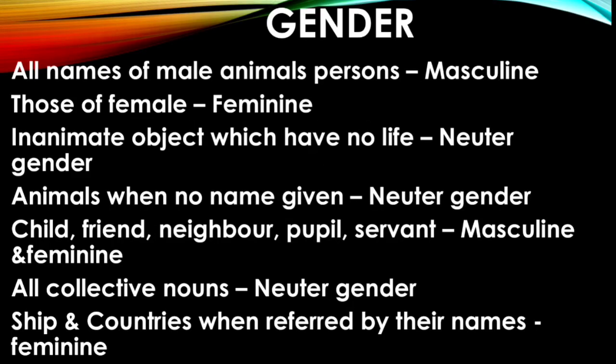Ships and countries, when referred to by their names, are considered feminine. Like, the ship struck against a rock and there was a big hole in her bow. I am giving you an example.